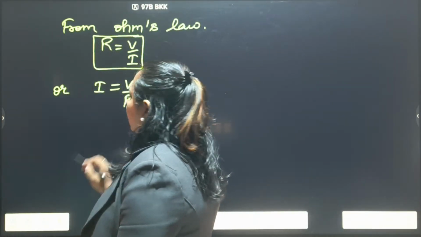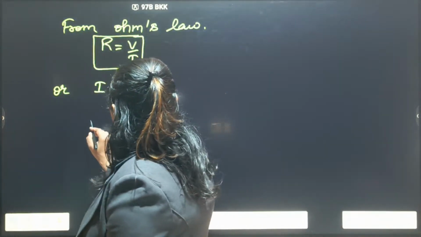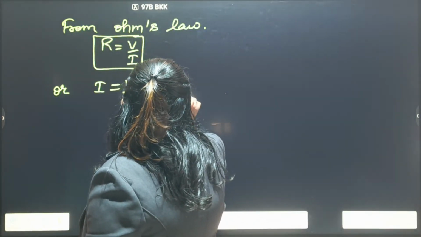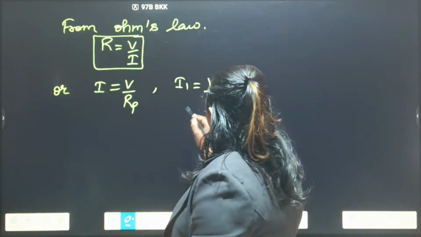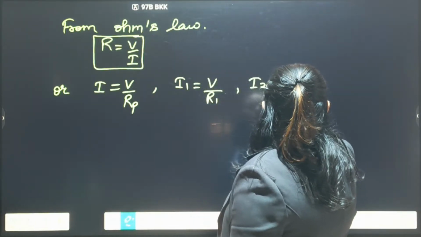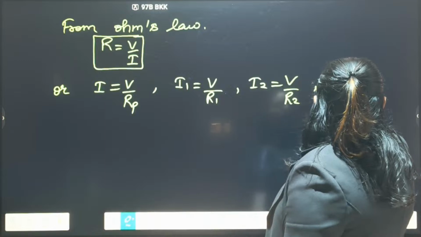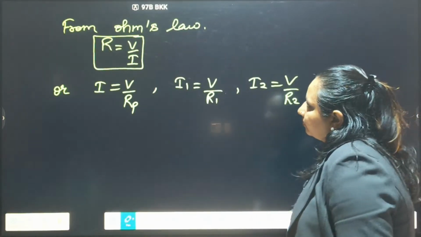If we find the equivalent resistance of the parallel combination, then I is equals to V over RP, or I1 is equals to, potential difference remains same, so V over R1, I2 is equals to V over R2, and I3 is equals to V over R3.